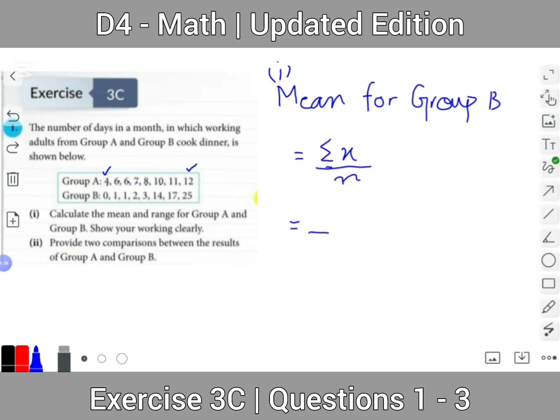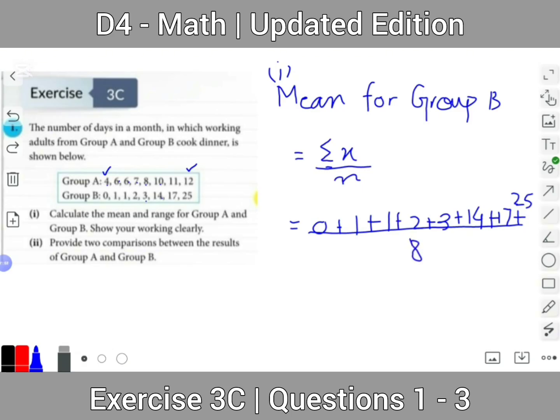So here we will write down the data values, which are 0 plus 1 plus 1 plus 2 plus 3 plus 14 plus 17 and plus 25, divided by the total number or size of the dataset, where we have 1, 2, 3, 4, 5, 6, 7 and 8, so we divide by 8.